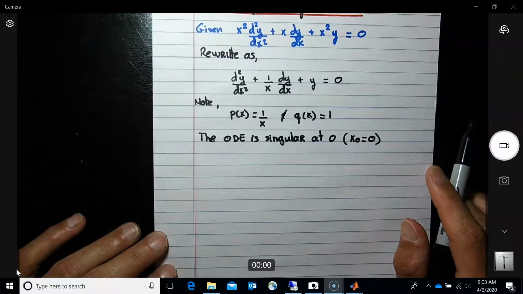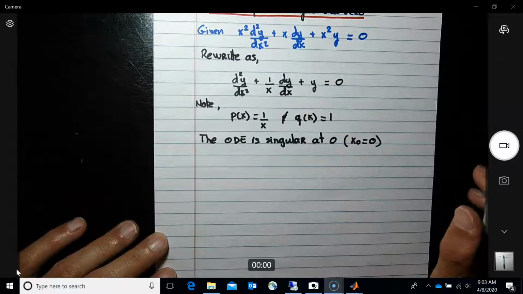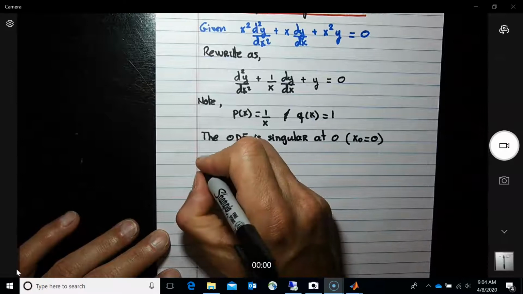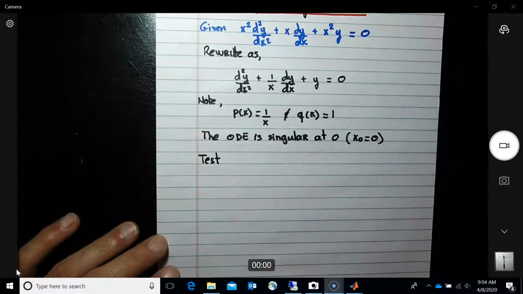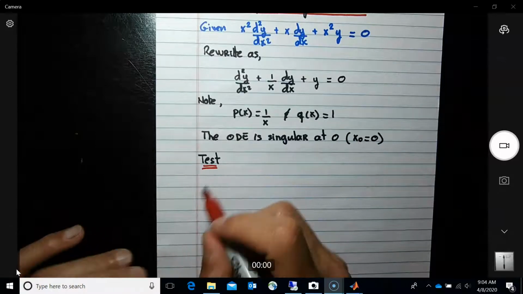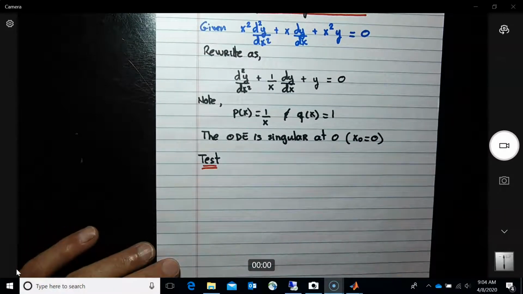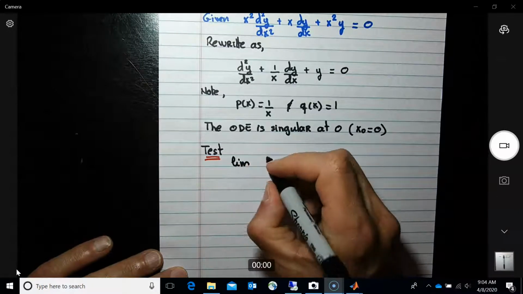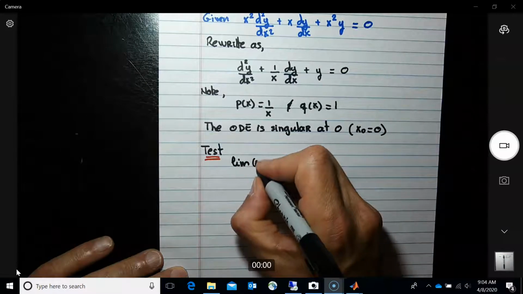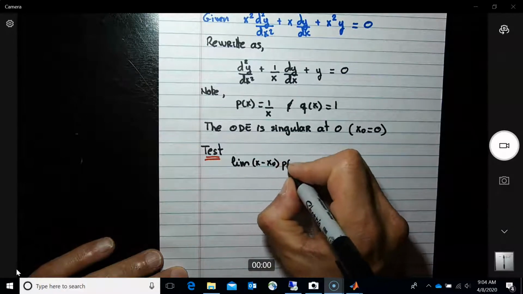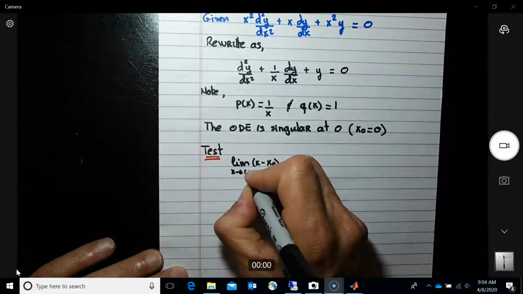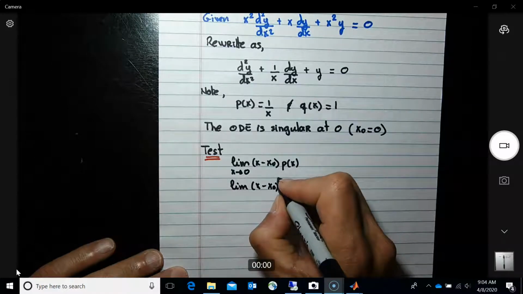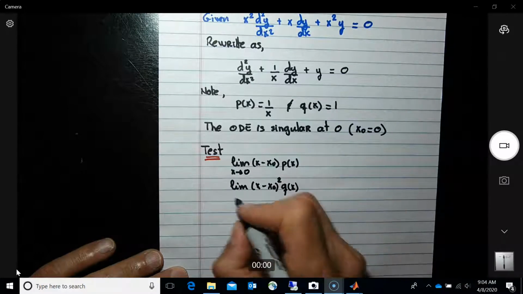Okay, so in order to know if we can apply the Frobenius approximation, we first need to do a check, a test to know if we can apply it. As we know before, we need to check that the limit of x minus x sub naught times p of x, as x goes to x naught, in this case 0, and the limit of x minus x sub naught squared times q of x are finite.